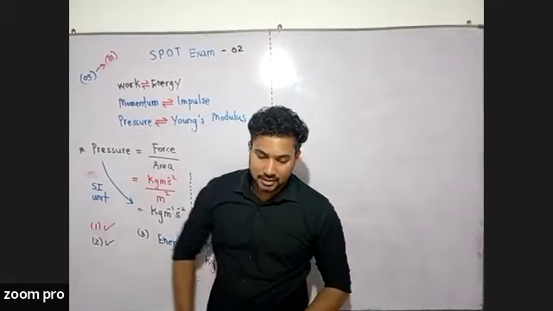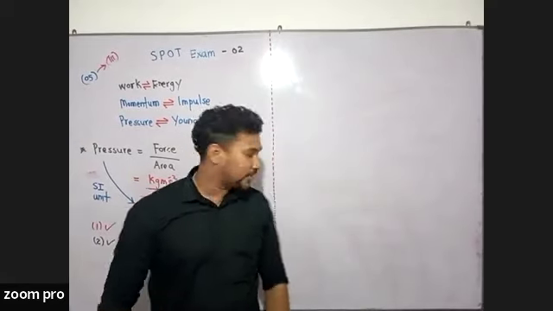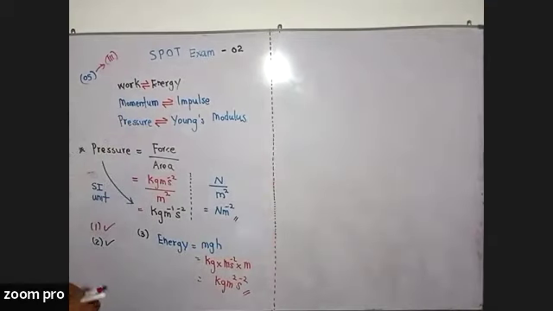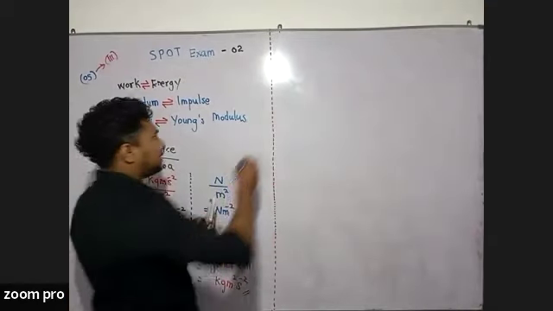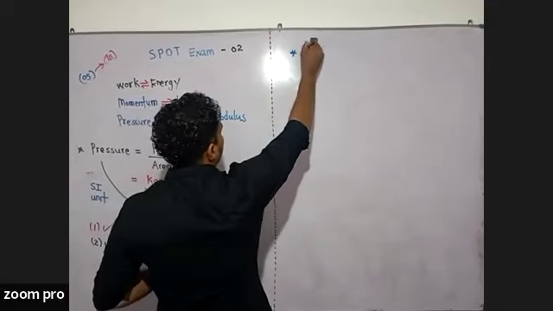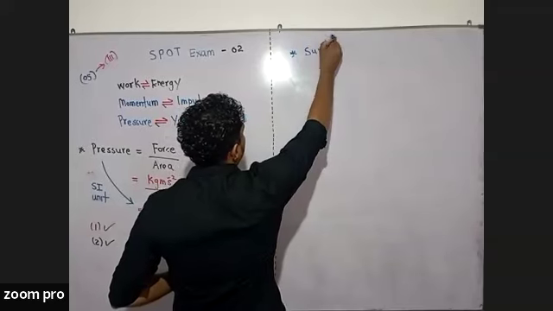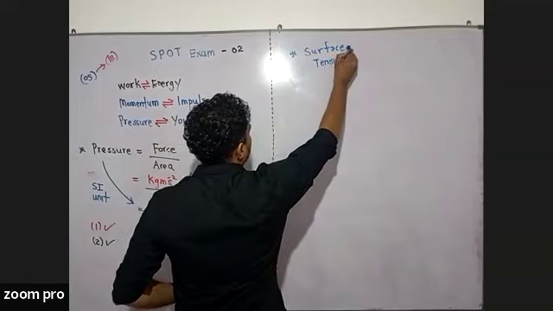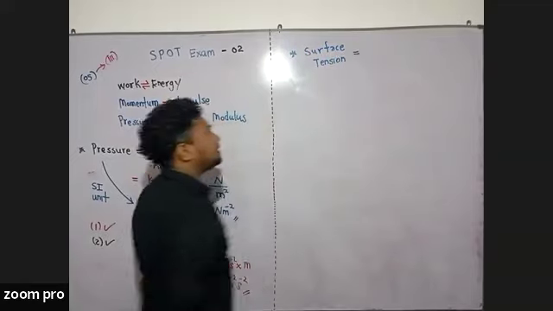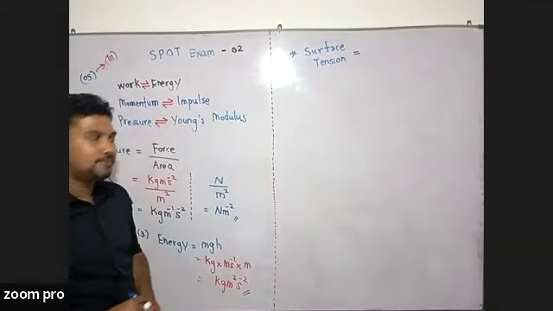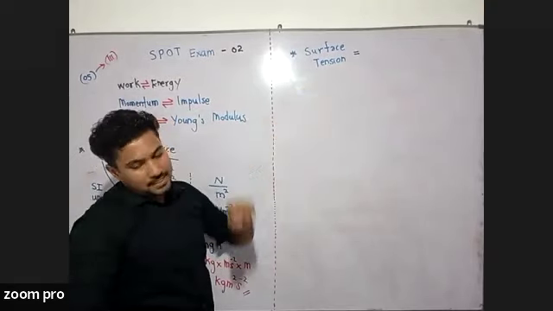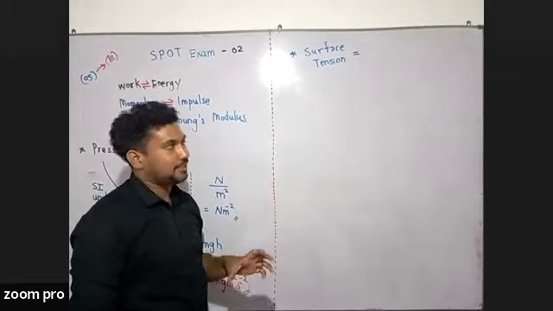Okay, and there's another thing that you need to remember here. You can obtain the unit of density for sure, you know. And here there's another term that is also a new thing for you, guys. Right, surface tension. Surface tension is a physical quantity, right?